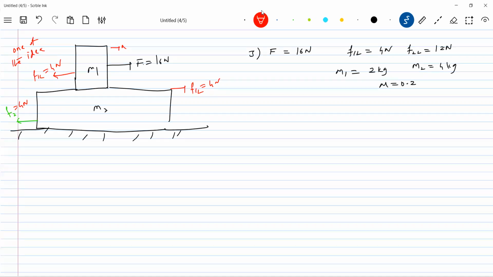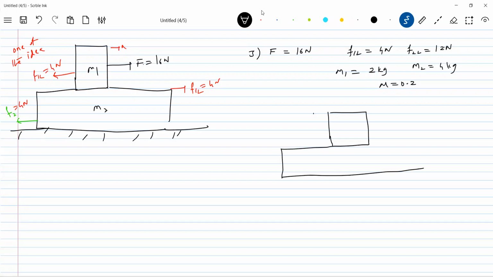Let me check whether it can happen like this also. I am bringing the other possibility here. All of you carefully make observations now. So this is M1, M2. I applied a force of 16 Newton.